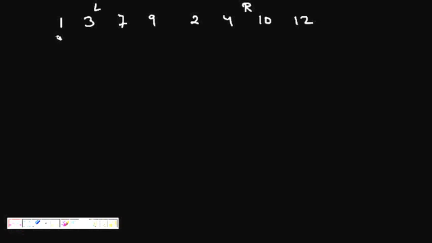Here i is at index 1, and the indices are 1 2 3 4. For R also the indices are 1 2 3 and 4. j is at index 1 of the R array, i is at index 1 of the left array, and we have an array A which has 8 elements.